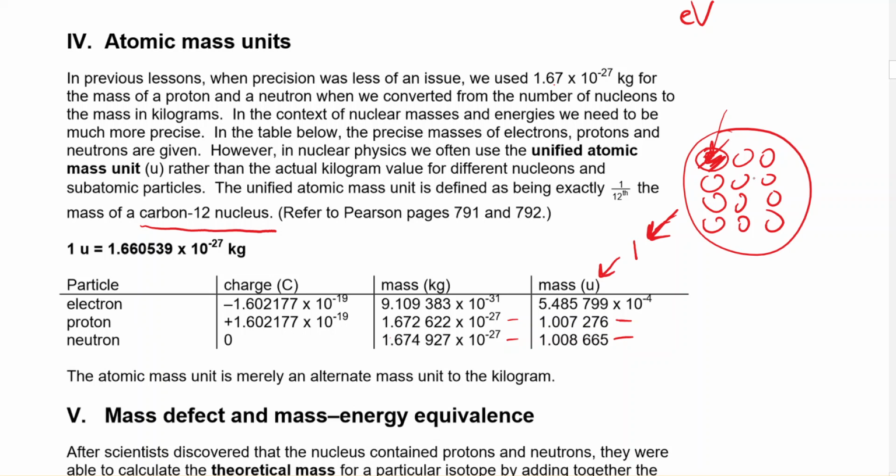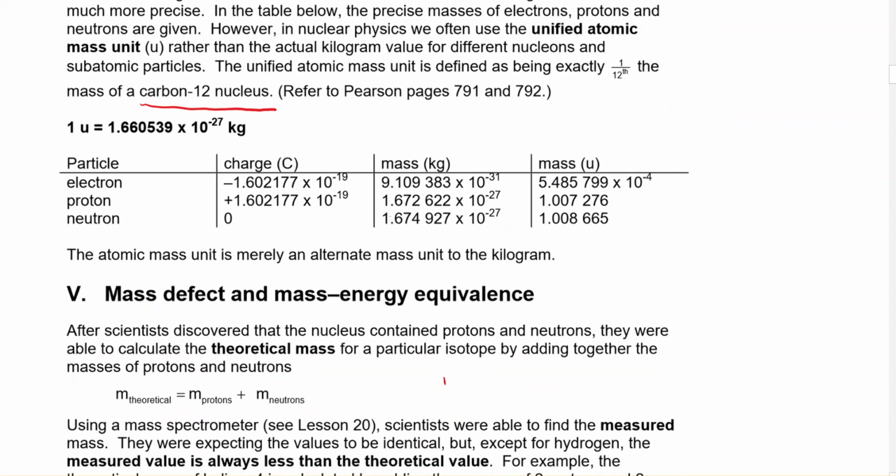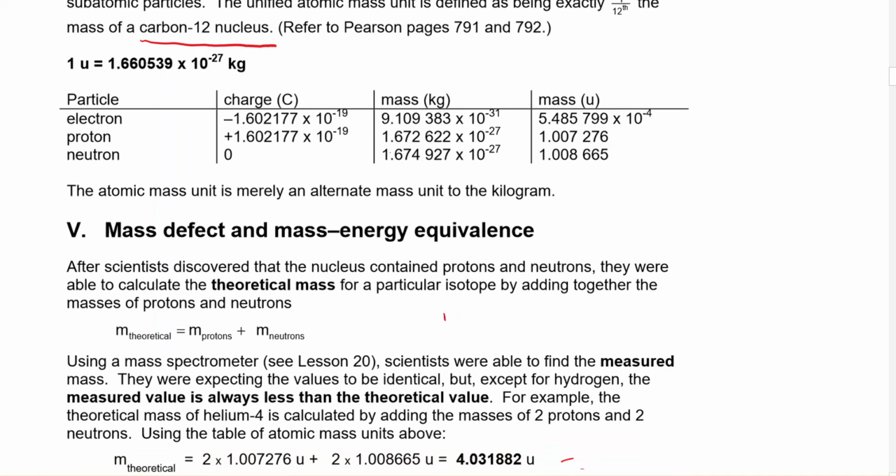Why would you need to take carbon and divide it by 12? Well, that actually gets into the next part. The reason you can't just figure out the mass of one proton is, well, you can, but they'll be different. And that comes to our next part here. It's called the mass defect and the mass energy equivalence.